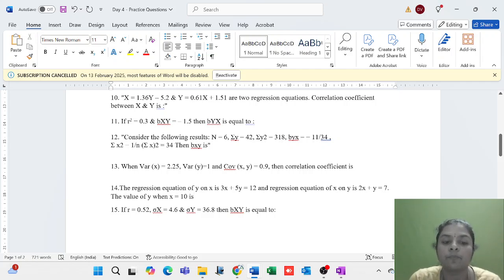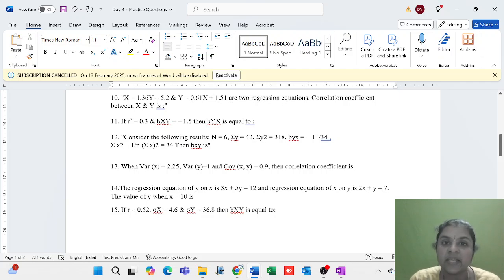Okay. Now, what is the missing figure? What is missing? Is y missing or x missing? Friends, please answer. Y. Yeah. So, y is the required value.